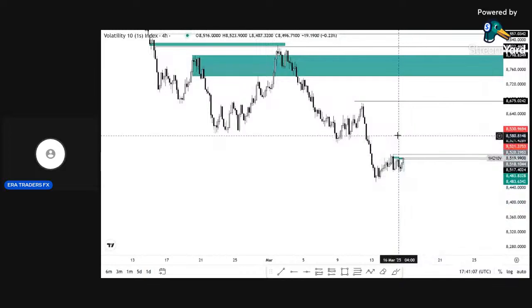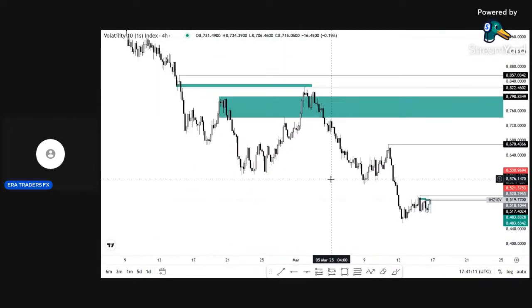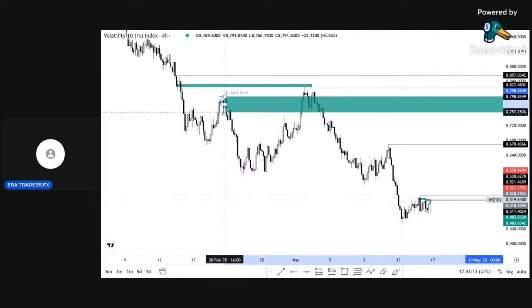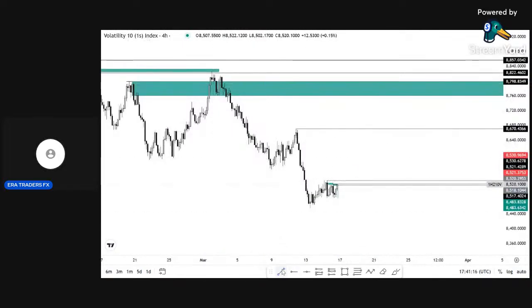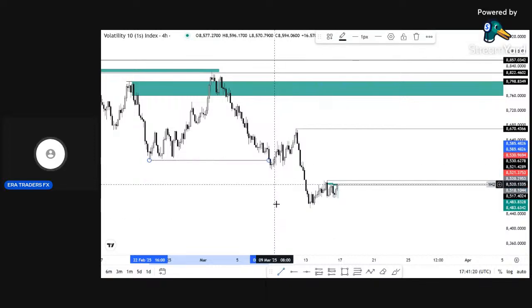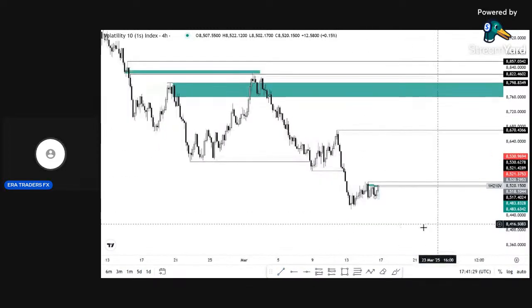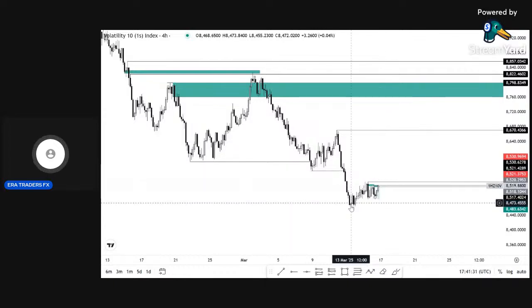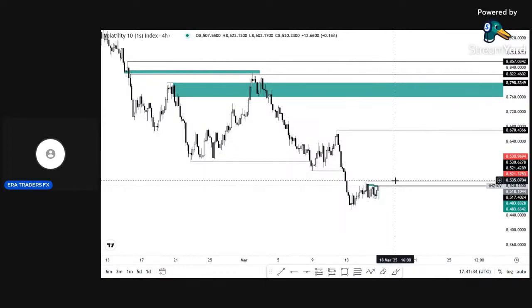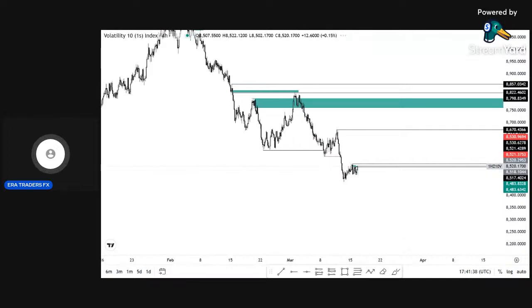So this is what we basically have. We're saying this is the first break of structure, and this is the second break of structure. So we're expecting at least a push to the upside for some time before the sell will continue, right?